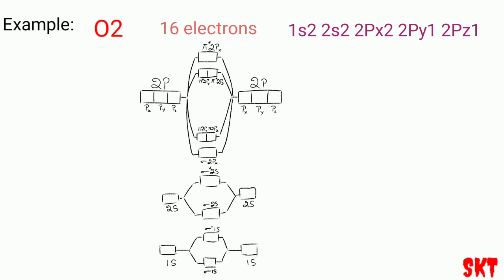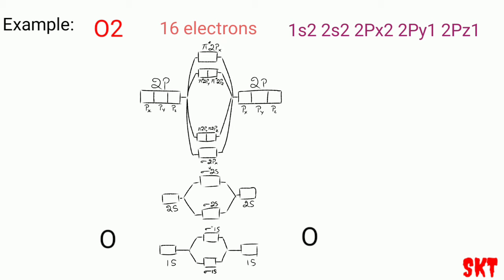We have right side boxes and left side boxes for atomic orbitals, and the middle one is for molecular orbitals. We have two oxygen atoms. One oxygen occupies the right side boxes and the other occupies the left side boxes. Now go on filling the electrons in the atomic orbitals.